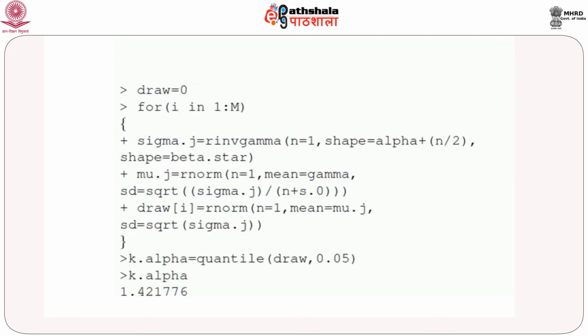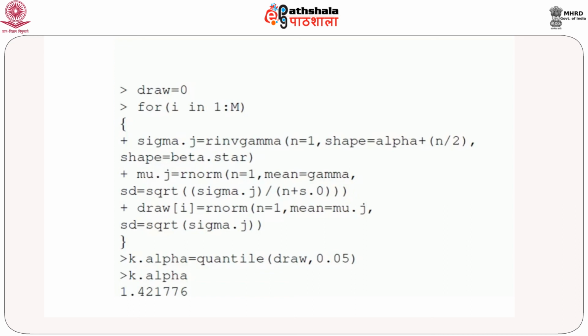Next we write the loop and we follow the method as mentioned before, and we draw samples from the posterior predictive distribution. We basically draw 10,000 observations from the posterior predictive distribution using the alternative method, and the empirical quantile of the observations we denote by k dot alpha.